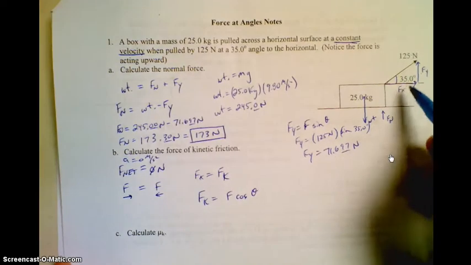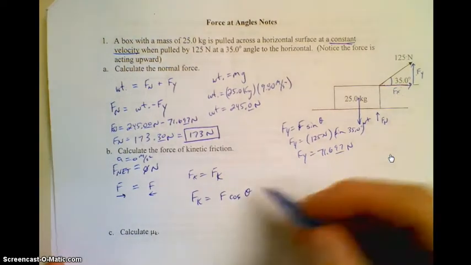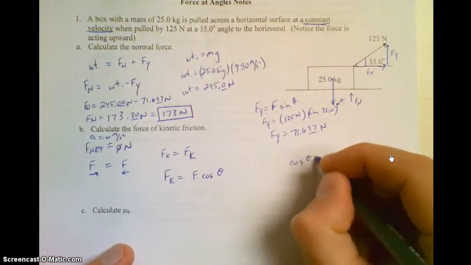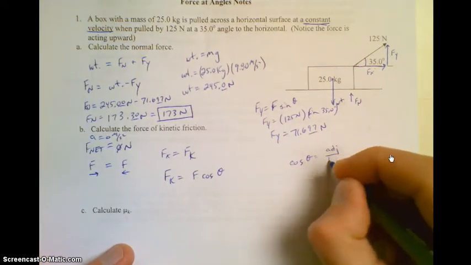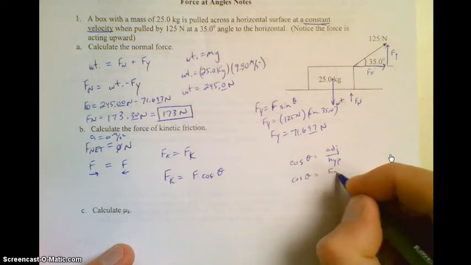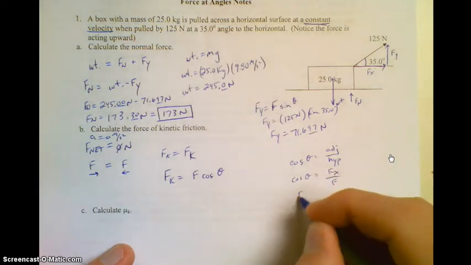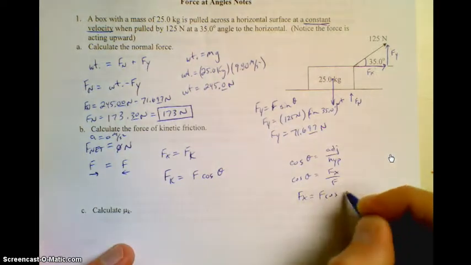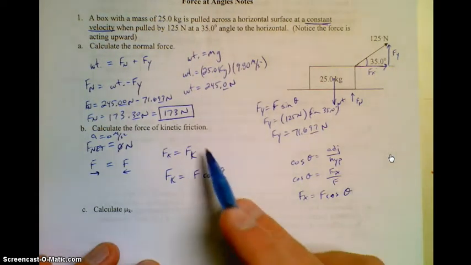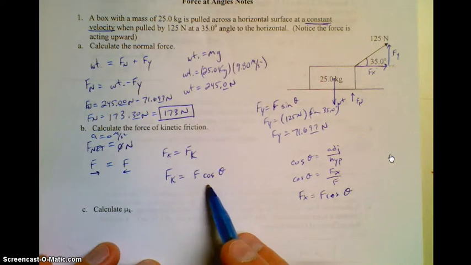Again, this is the adjacent side. And how I'm getting this, just if you need a review, cosine of theta is equal to adjacent over the hypotenuse. So the cosine of theta is equal to Fx over F. So Fx equals F cosine theta. That's how I'm plugging in F cosine theta for Fx.